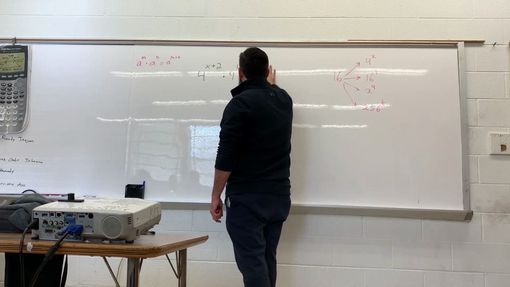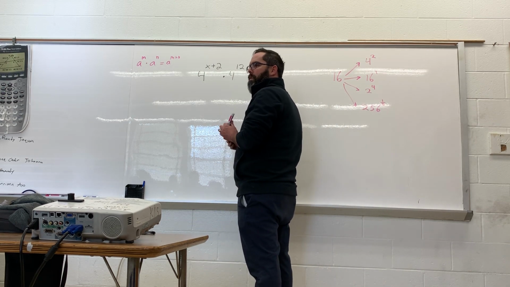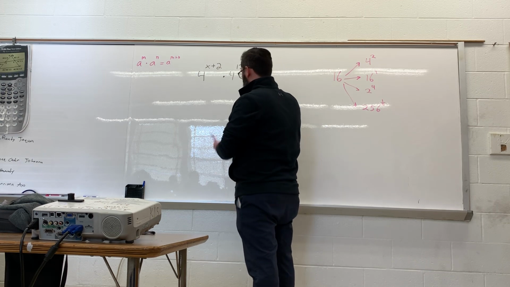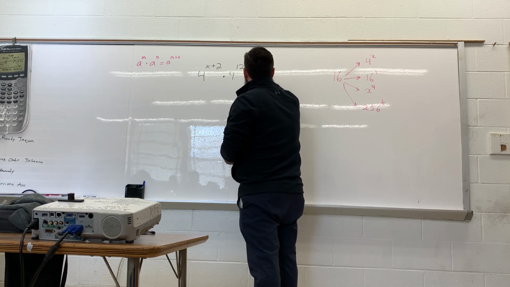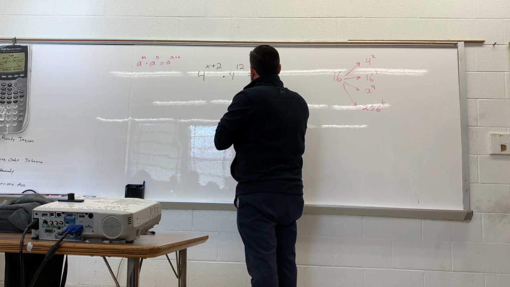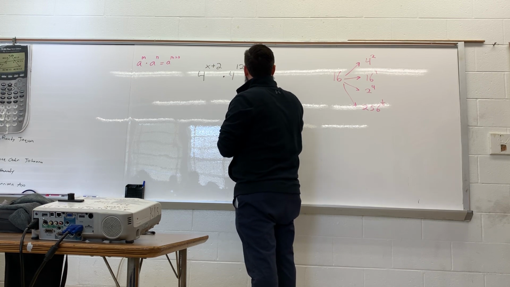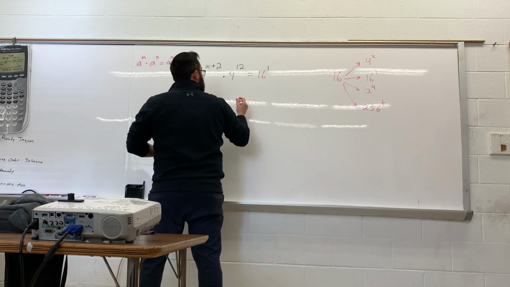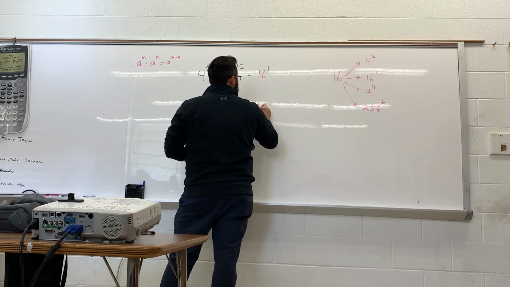So you've got to ask yourself, well, what can this be? 4 raised to that power. So it ends up being 16 to the first is the same thing as 4 squared, right?